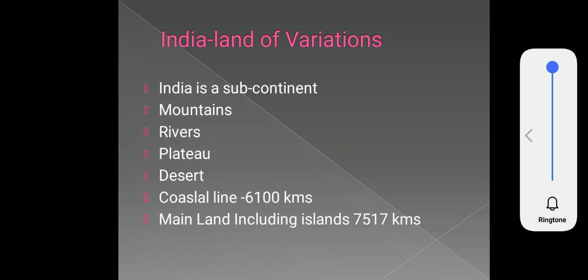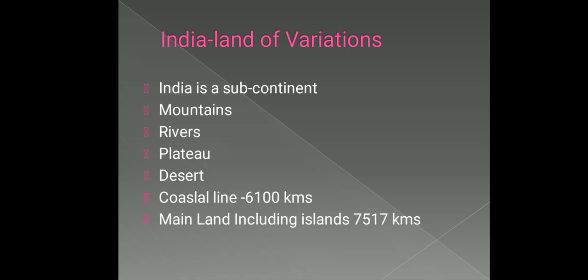India is a land of variation. India is a subcontinent. First, let me clear what a subcontinent is. A subcontinent is a big geographical part that has variations like a continent, like in India. In India, we find there are so many languages spoken.